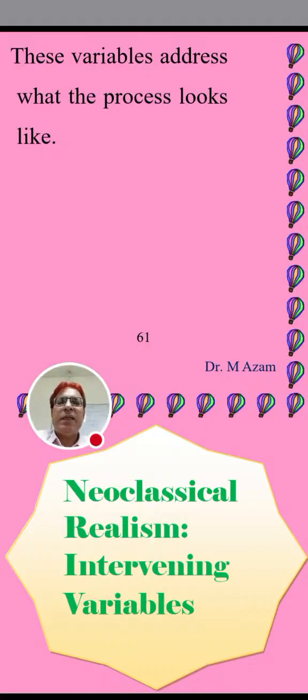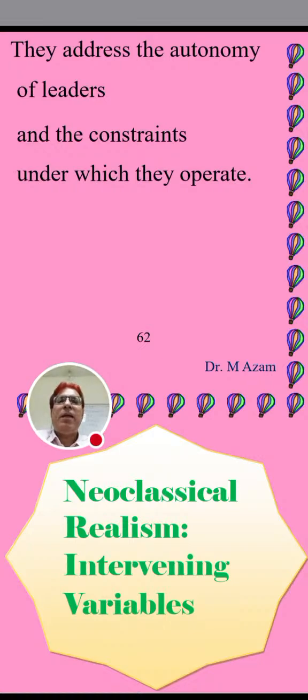These variables address what the process looks like. They address the autonomy of leaders and the constraints under which they operate.